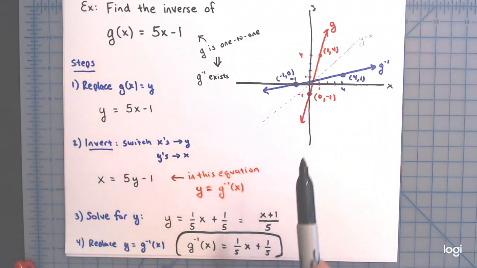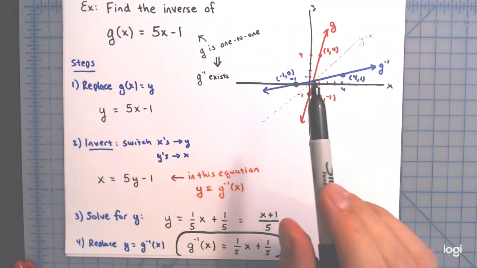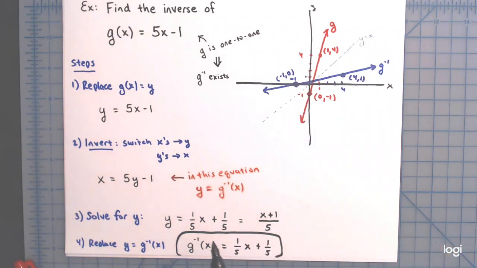When I plug in 4, that'd be 4/5 plus 1/5, which is 5/5, which is 1, and you see 1's the output. So this blue graph of this line is indeed the graph of the equation g inverse of x equals 1/5 x plus 1/5, or y equals 1/5 x plus 1/5. Alright, so great, I found the inverse.